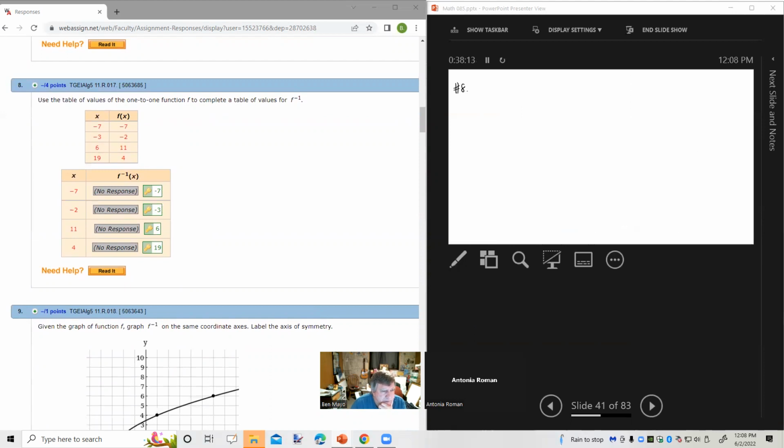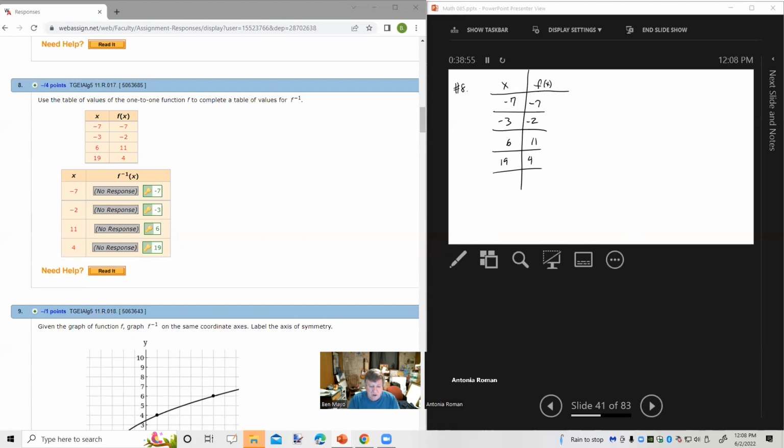Use the table of values of the 1-to-1 function f to complete the table of values for f inverse. Okay. Recall something I said several times in the past. When you have a 1-to-1 function, it has its domain and its range.